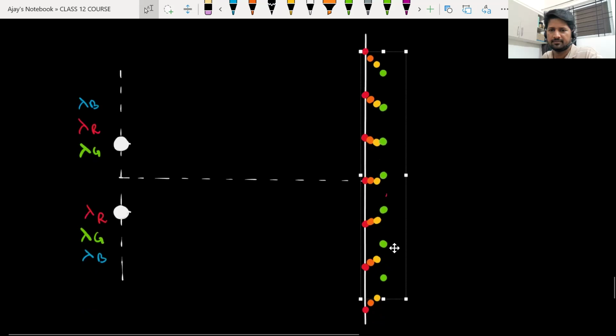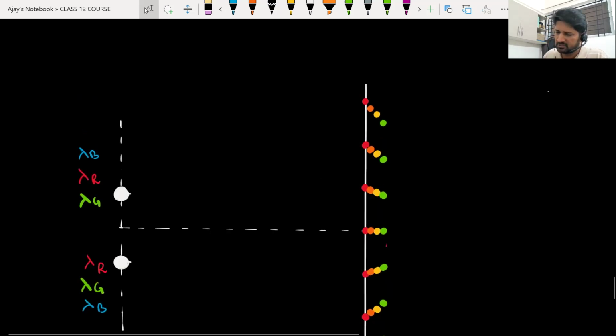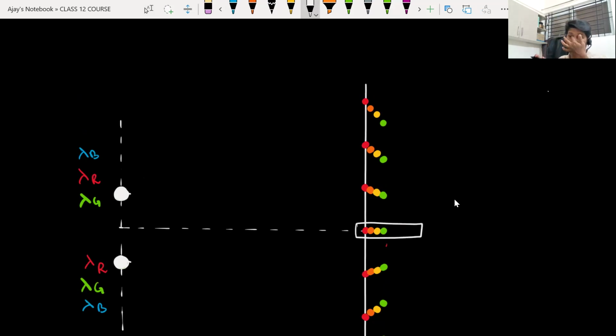Somewhat like this, roughly. Similarly, other colors also. Let's not waste much time on this. So you can see that at O, all 7 colors will have their maxima forming. Means all 7 colors will be of the same intensity at the point O, which is the central maximum. And if all colors of the same intensity are incident there, what you will again see is white here. Is this clear?